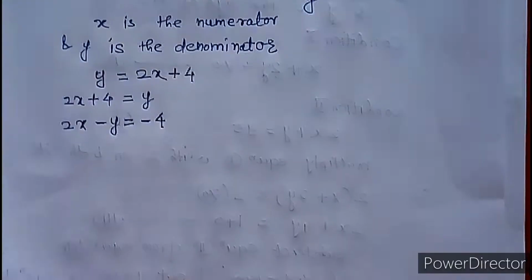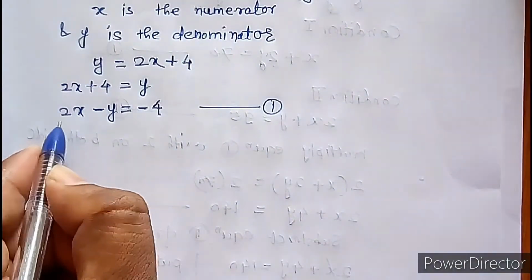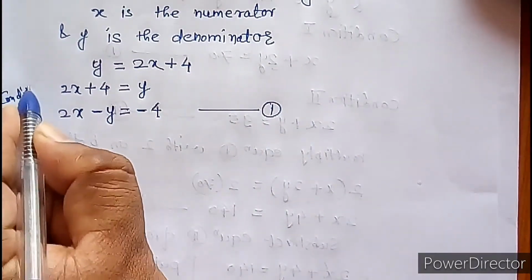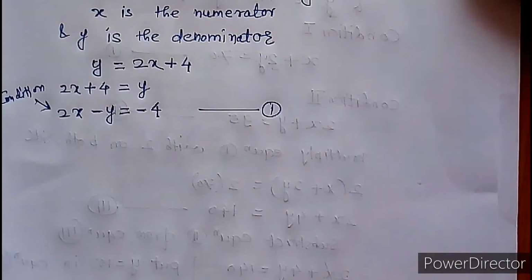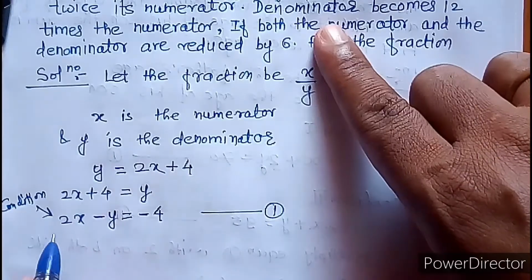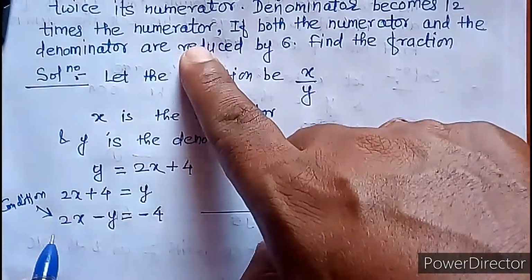Give this number 1, we get this equation from condition 1. Write down here condition 1.